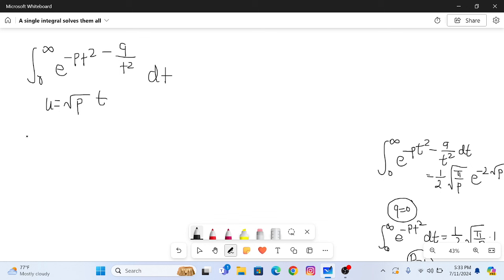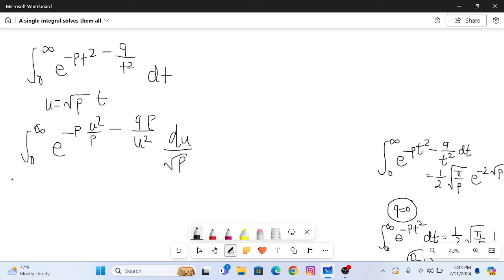So with this substitution, we will get something interesting. That interesting thing is the integral from 0 to infinity of e to the power minus p times, now t square is just u square by p, minus q by, now t square is just u square divided by p, and dt will be du by root p.